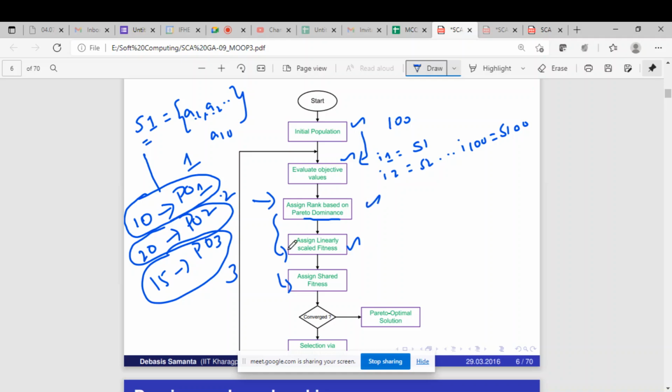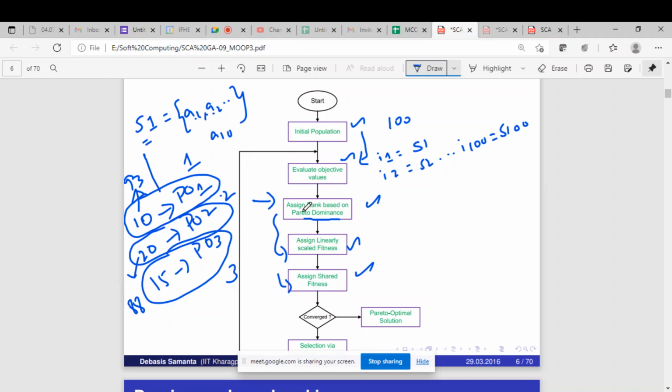Then we perform some linear scaling based on this ranking, and then we assign the updated fitness value for these individuals. For all the individuals in this rank 1 category, you give one common fitness score. Say everybody here has fitness 93. Here everybody's fitness is 88, because they are in one rank category. So that is what is called assign shared fitness.